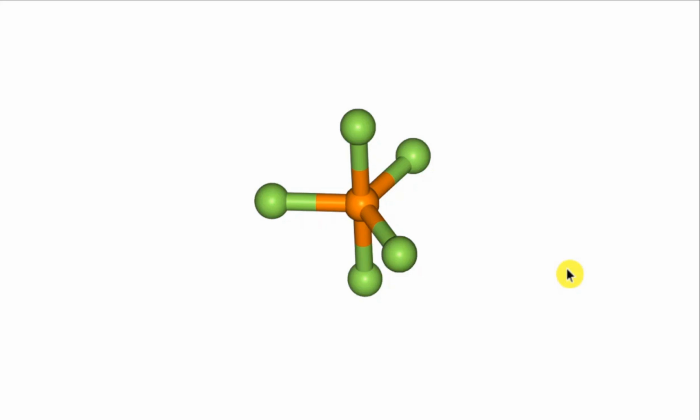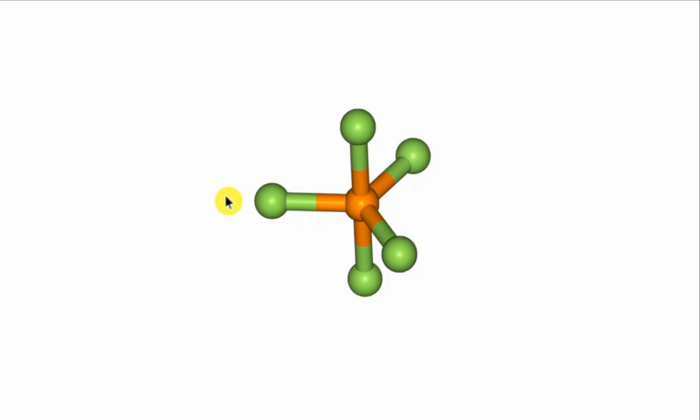Now consider the case of phosphorus pentachloride. We know that phosphorus pentachloride is a trigonal bipyramidal molecule. Looking at this structure, you can immediately say that there is a plane that contains the 3 chlorine atoms and the central phosphorus atom, right?